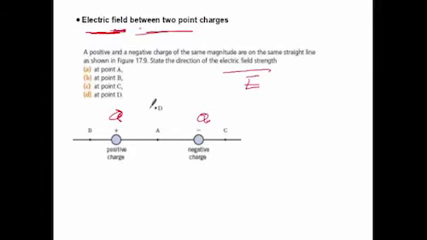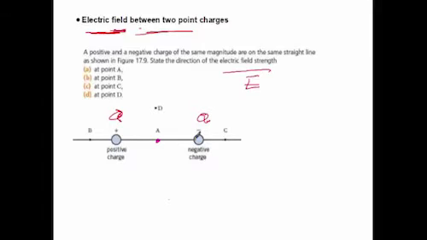Now, to know that, for example, suppose we come to point A. We are here at point A. At point A, this point is affected by two charges. There is a field due to this positive charge, and another field due to the negative charge.